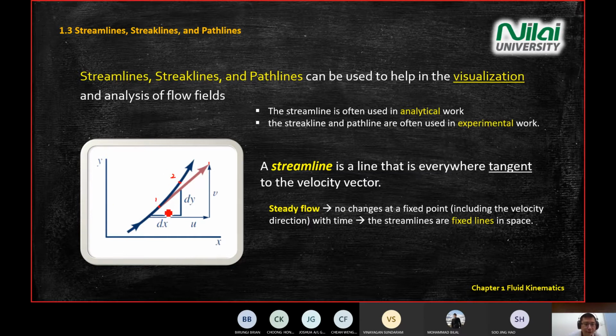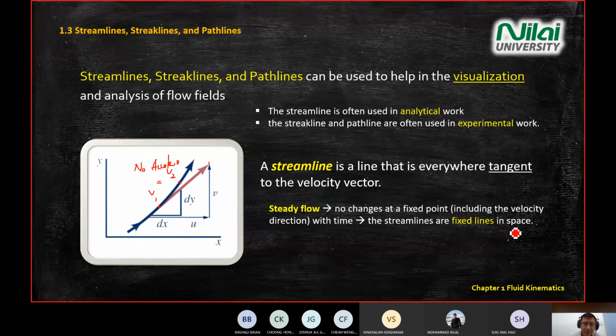We have a steady flow from point 1 to point 2, means there's no change of velocity. V1 and V2 are equal, meaning no acceleration from point 1 to point 2. Then we have steady flow.